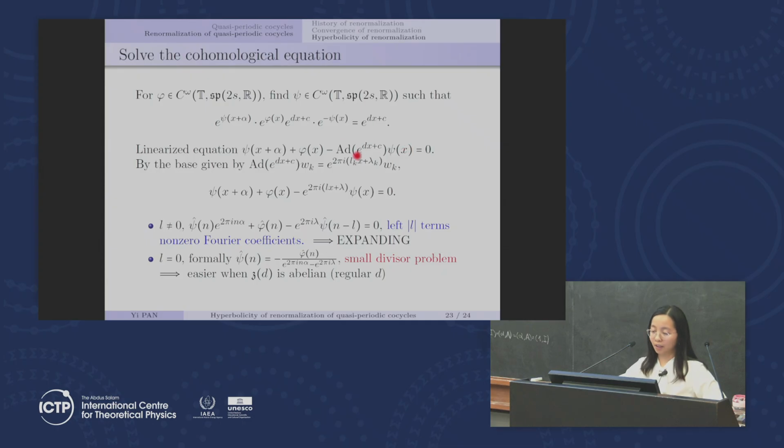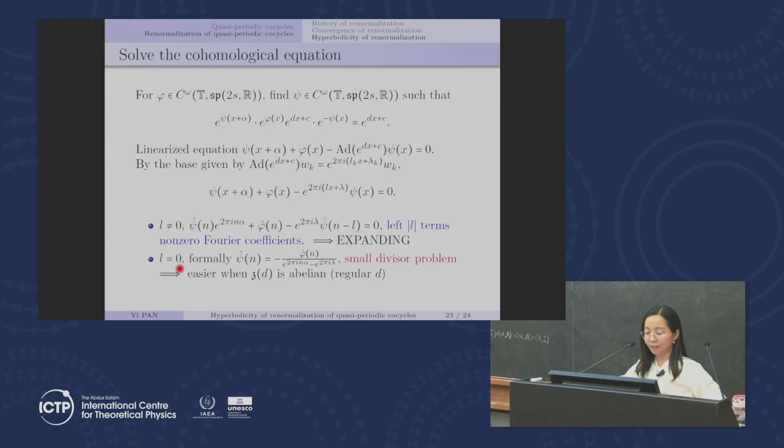And then again, we make use of the compactness of D and C, so that we pick up a good basis W_k, and because D has exp(D) equal to identity, it will provide exp(2 pi i (Lx + lambda)). And then finally we get this cohomological equation, with an additional skew part.